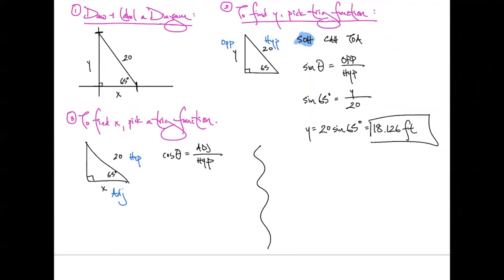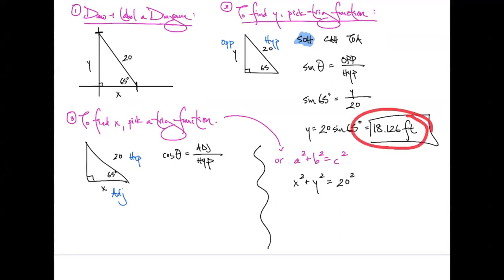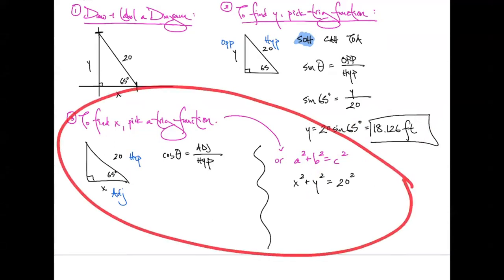If we wanted to use a squared plus b squared equals c squared, maybe we have x squared plus y squared equals 20 squared. And since we have y, we could plug that into this y, and then we could find x, right? I'm going to leave this for you to finish on your own time. I claim that in both versions, you'll get the same answer.